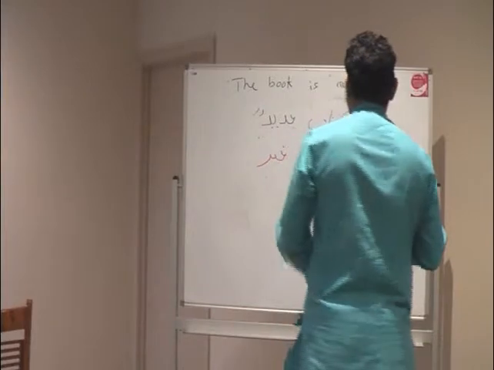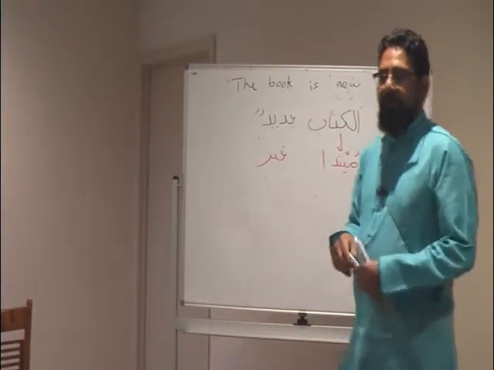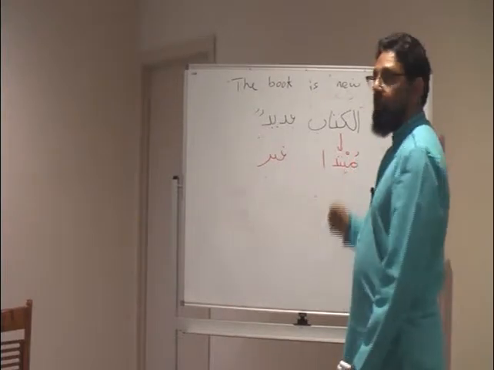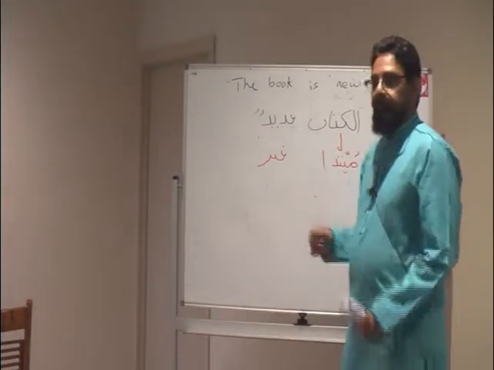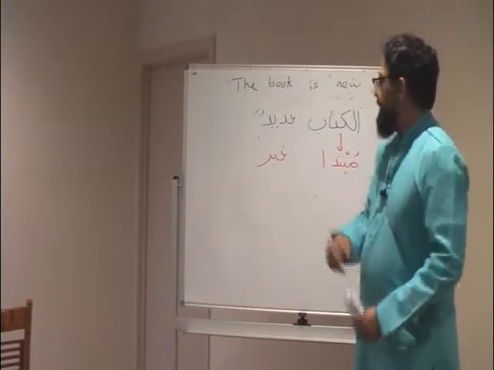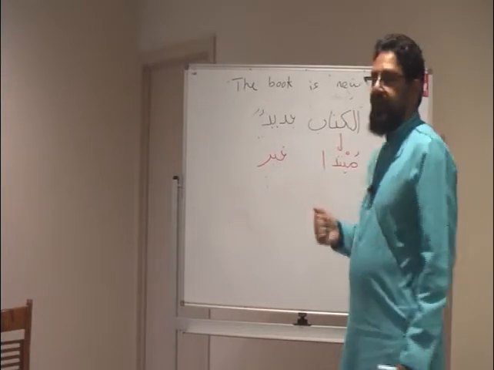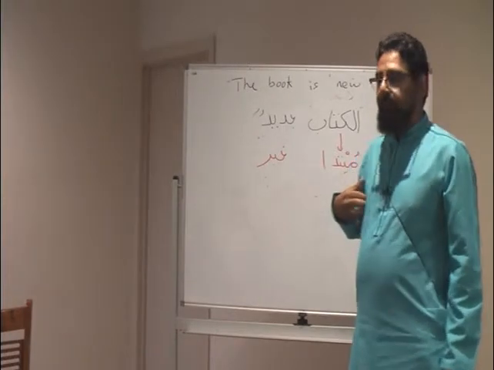The mubtada is what you begin with. So it's an introduction, and it's the noun that introduces the sentence. That's what's called the mubtada, from the beginning. And that is going to be a noun. So the noun in this example is the book, Al-Kitabu.